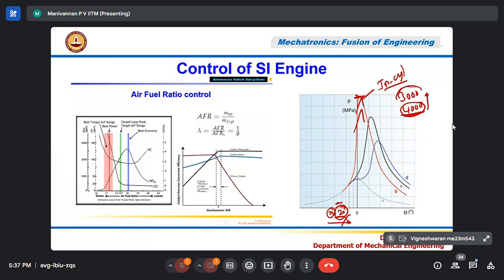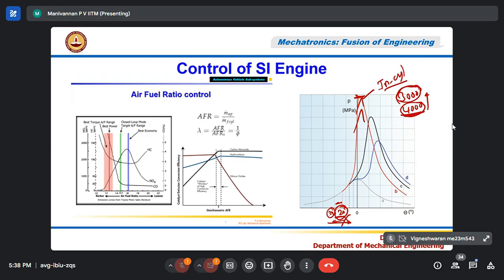If it sees the engine speed is 3,000 RPM, it will set the spark timing to 20 degrees. From 30 degrees, it will bring it to 20 degrees. This is called retarding. The spark value reduces as the engine speed is reducing. If engine speed is increasing, you move from a lower value to a higher value. That is called advancing. So this will be done continuously based on engine RPM.